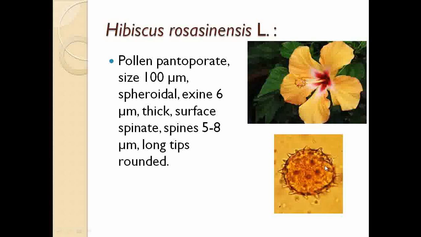It is completely spherical. The exine size is 6 micrometer. If you observe the surface, it is spiny, as present in hibiscus. See here, the spines are generally 5 to 8 micrometer, and the tips of the spines are rounded. So this is about the pollen morphology of Hibiscus rosa-sinensis.